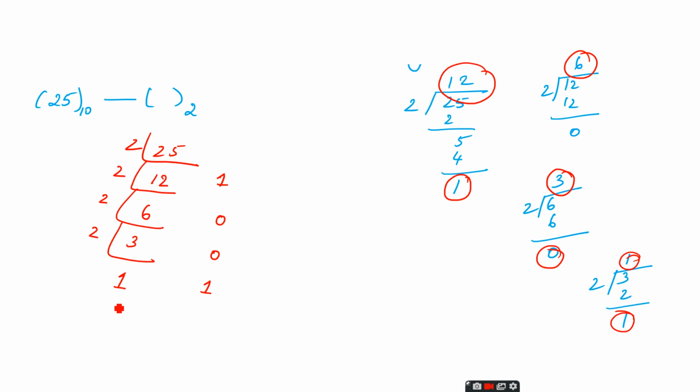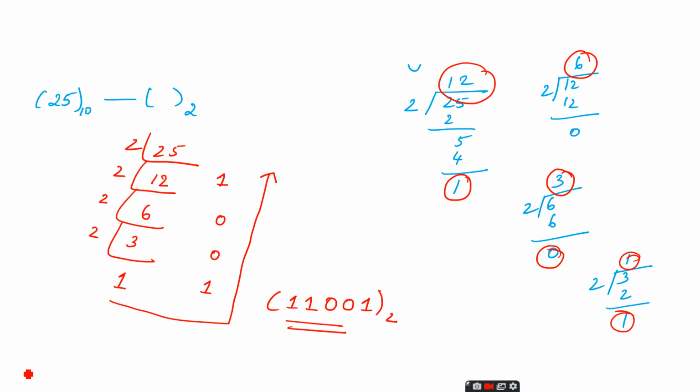So we can write the answer, and we are writing the answer from bottom to top this way. We will write 1, 1, 0, 0, 1, base 2. So this is the binary equivalent of this decimal number.